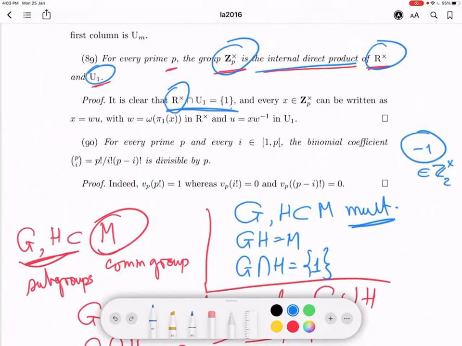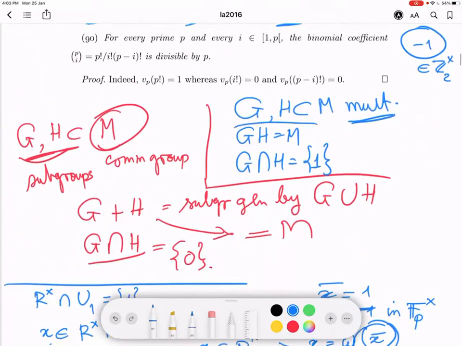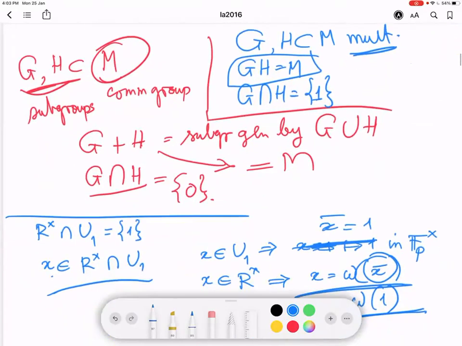And then you have to show that every element of Z_p star can be written as a product of an element of R star and an element of U1. That's what this condition is here in the multiplicative notation, and this is the condition in the additive notation.